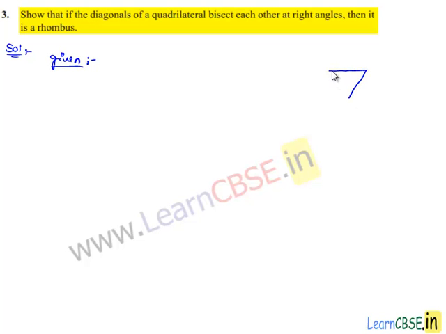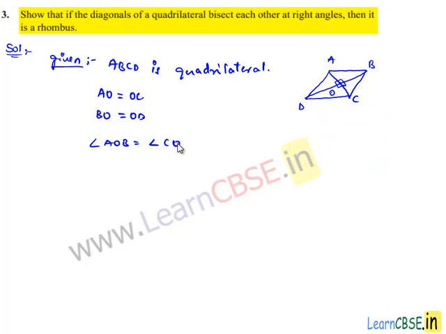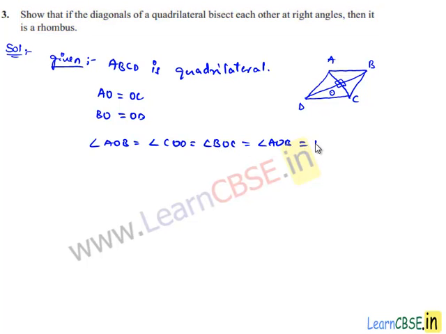So let us consider a quadrilateral ABCD in which the diagonals AC and BD bisect each other perpendicularly at some point O. Let us note down the given information that ABCD is a quadrilateral, and as AC and BD bisect each other perpendicularly, we can say AO is equal to OC and also BO is equal to OD, and angle AOB is equal to angle BOC is equal to angle COD is equal to angle AOD is equal to 90 degrees.